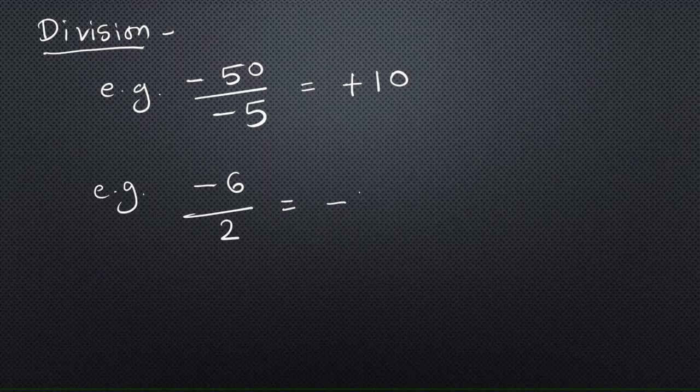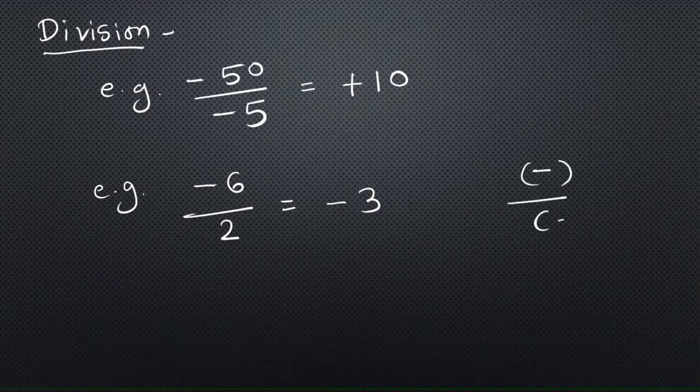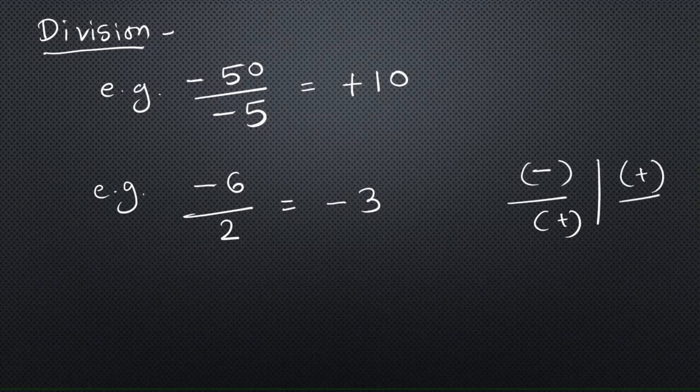So I write 3 here. You have to remember that if minus is divided by plus or plus is divided by minus, then whatever the answer is, it has a minus sign.